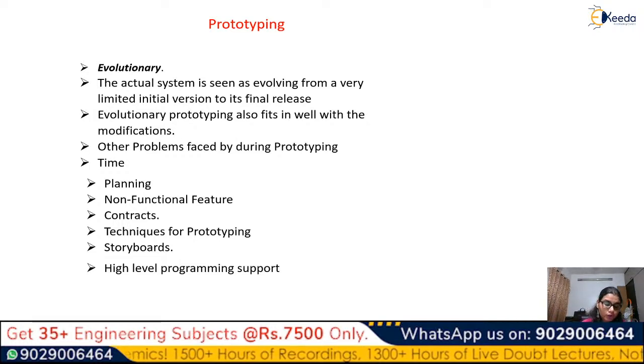In the evolutionary prototype, I start from the initial version. What was my initial? Different types of forms: one form, second form, third form. In the final release, that entire system is built.